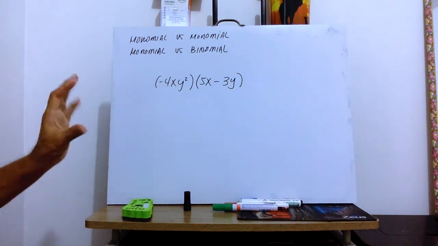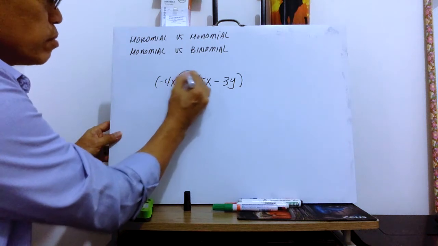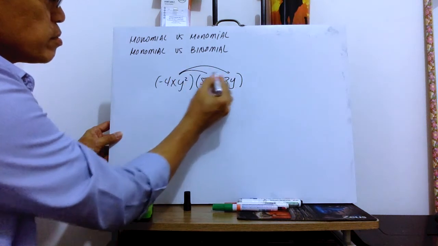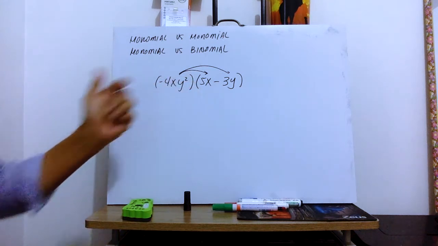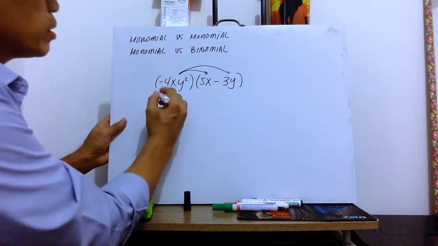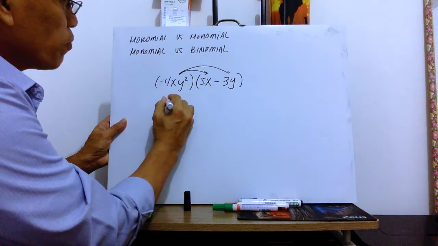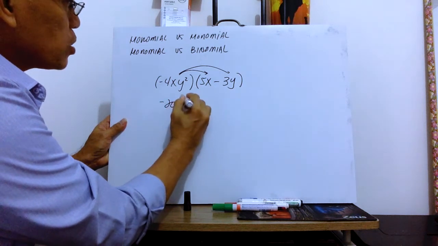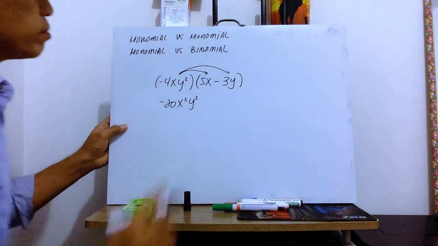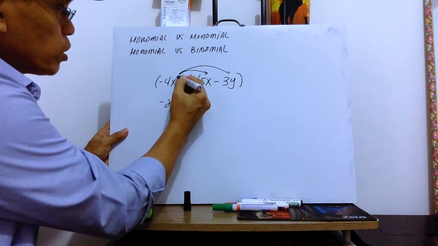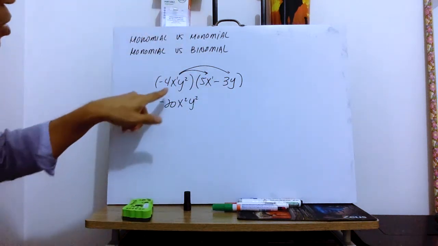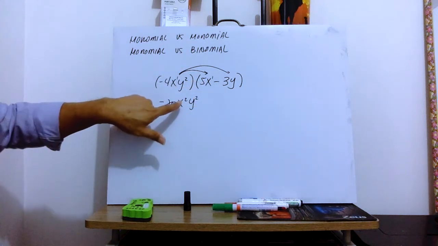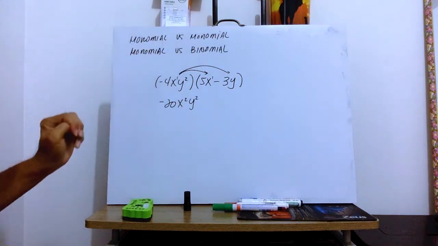So what we're going to do is distribute. Multiply negative 4xy squared by 5x first. So what do we get? That would be negative 20 x squared y squared. Remember, when we multiply terms with first power, we add, so x to the first becomes x squared. And then just copy the y squared.